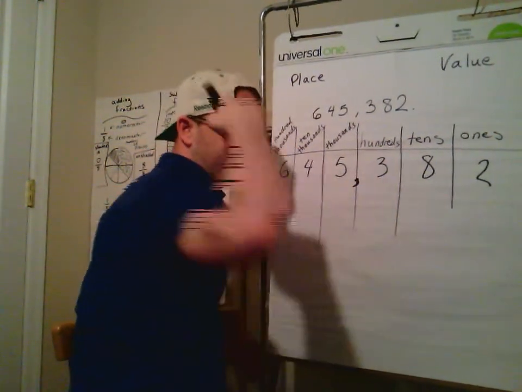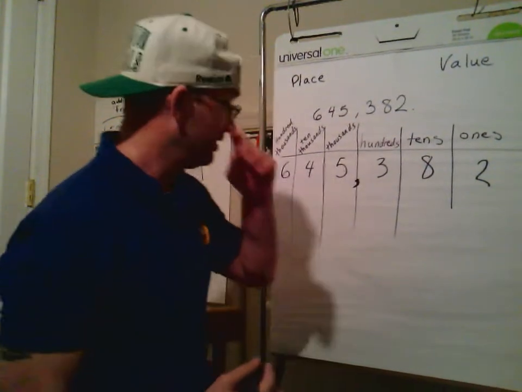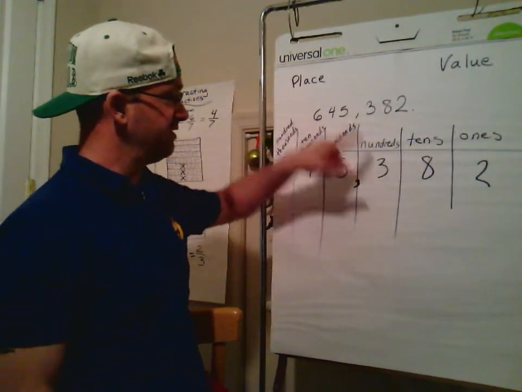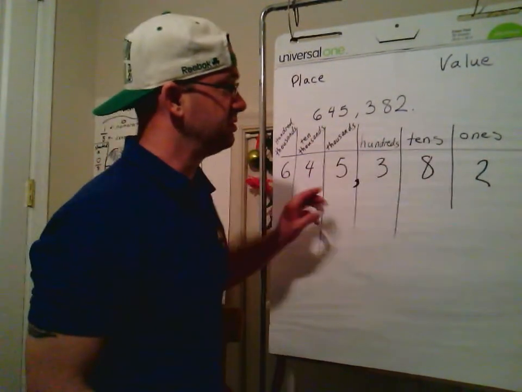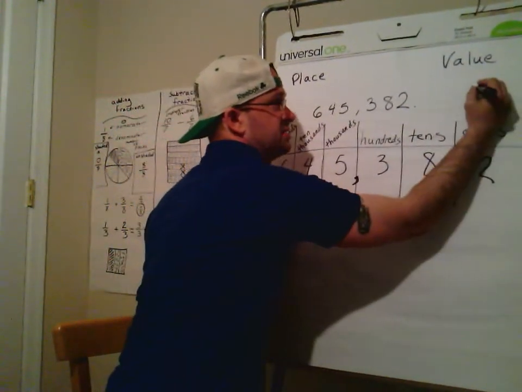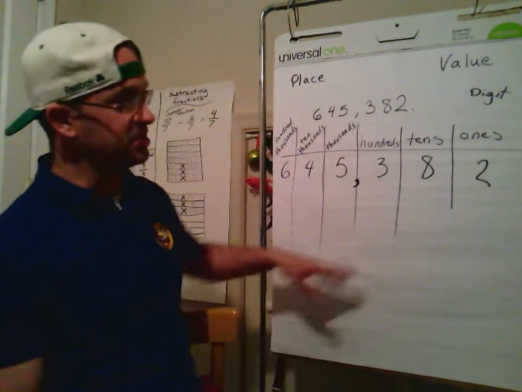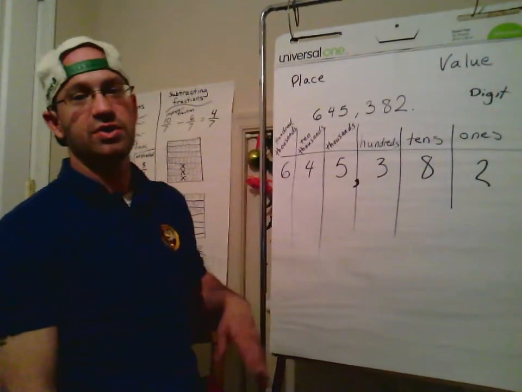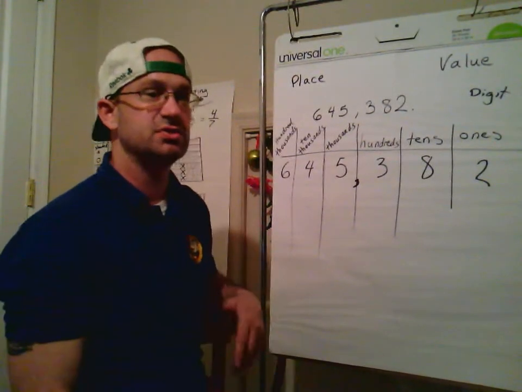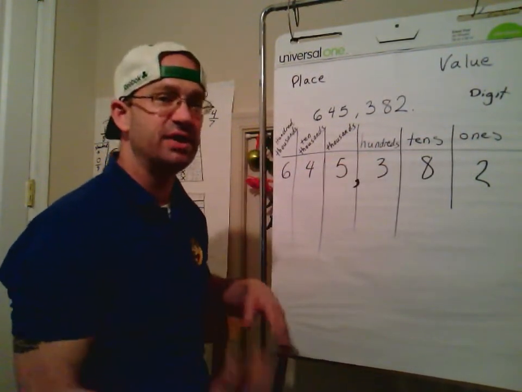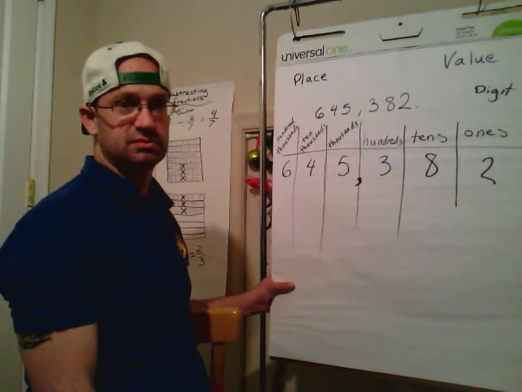Okay? 6, 4, 5, 3, 8, 2. Each one of those is a digit. Now those digits in different places are worth different values. So 2 ones. What is the value of that number? 2.